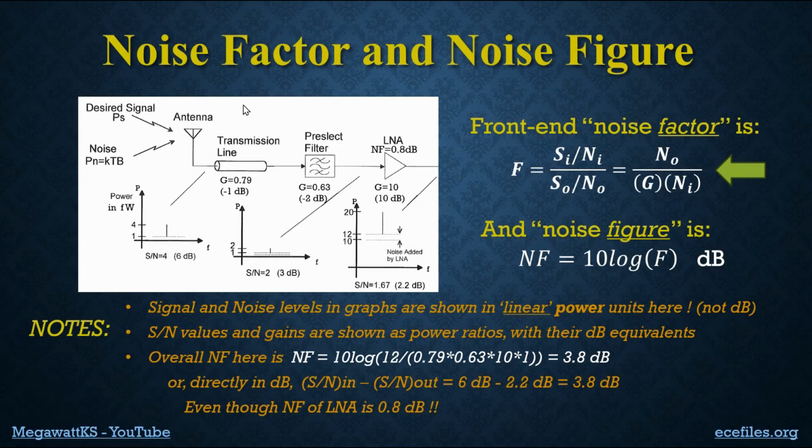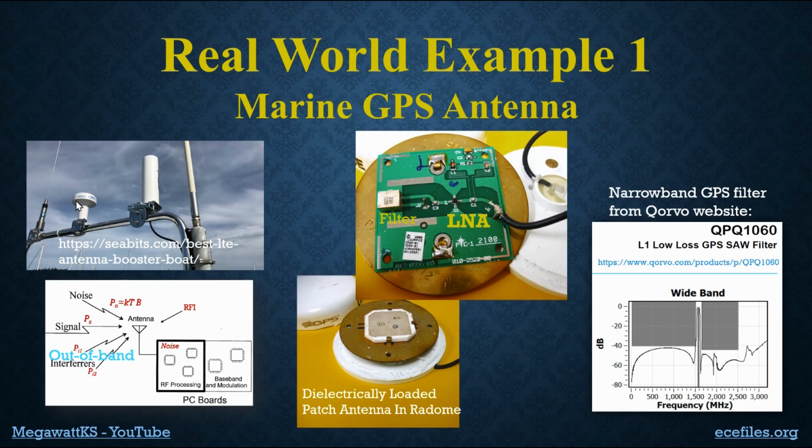What messed up our sensitivity are the losses out in front of the LNA. And that's why these GPS antennas, if there's a long coax after them, have to have an LNA mounted right at the antenna, on the backside of the antenna in this case. And they have to have enough gain to get over the losses in the cable, plus then some, because we want to get over the noise added from the mixers and other things coming later.